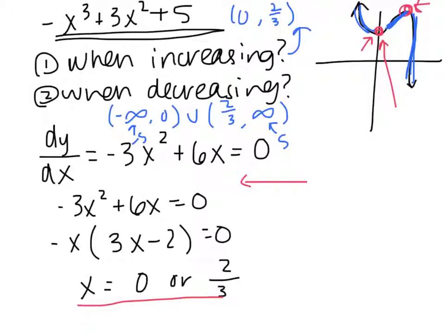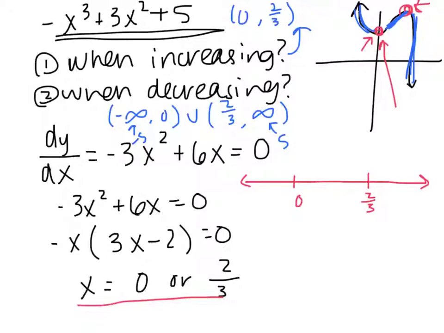Basically, if we look at a sign change number line, I guess, I don't really know what to call this, and we write down when the first derivative is equal to 0.